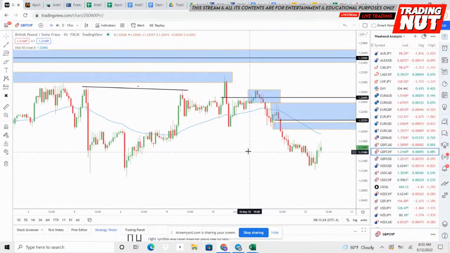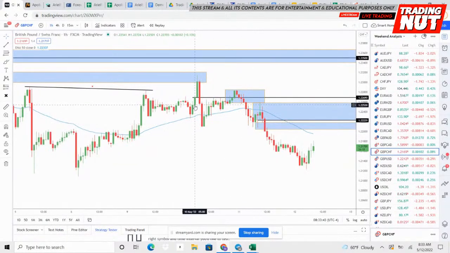Now, I will note that just because I marked up the last buy to sell doesn't mean that this is a valid sponsor candle. You have to look at the actual candle that swept liquidity. That's going to be the target for the mitigation. It could have been this level here. If this candle was up a little bit higher, I probably would have placed my level at this candle.